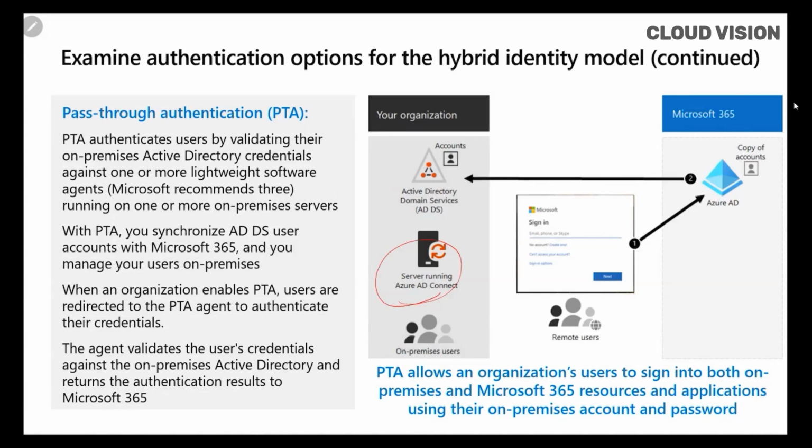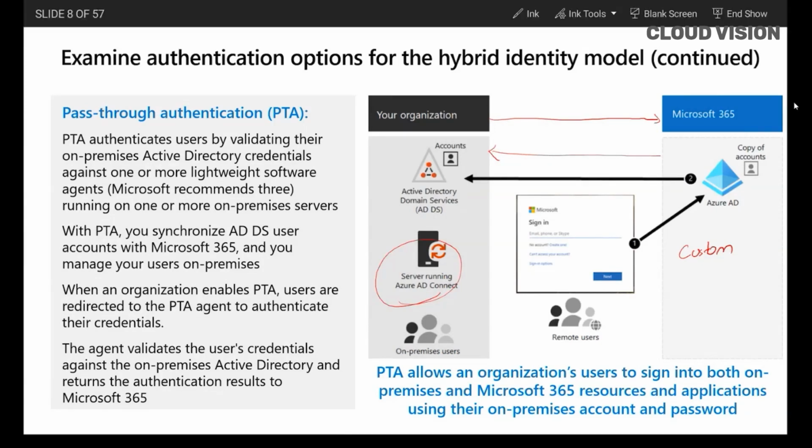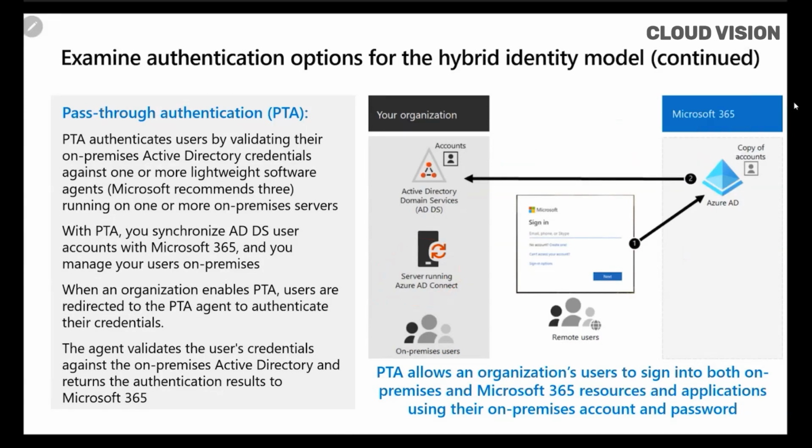But in this case, once you install the tool and create a connector between your on-premise and Azure Active Directory, you have to go with the custom setup if you want to use pass-through authentication. Once you select the custom setup, you have to install a lightweight agent in your on-premise environment called the pass-through agent.